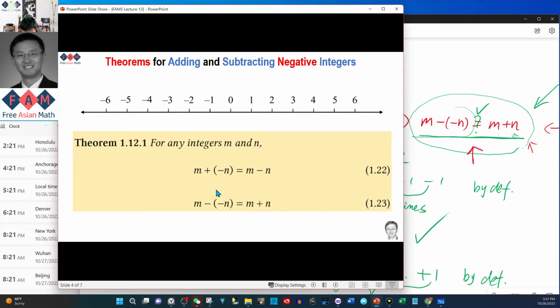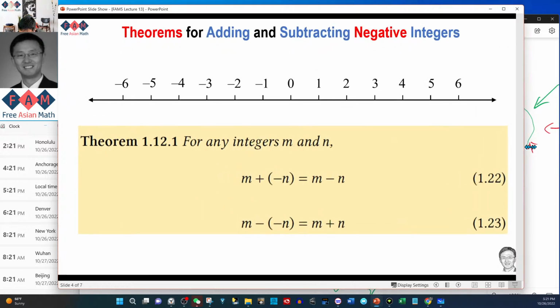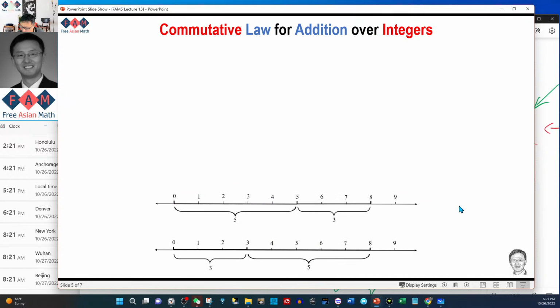Okay, now we'll have something really interesting. The commutative law for addition over integers. Remember, we have already discussed the commutative law for addition, right? But that was the version only for natural numbers.